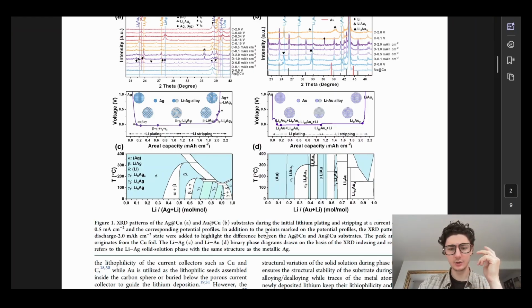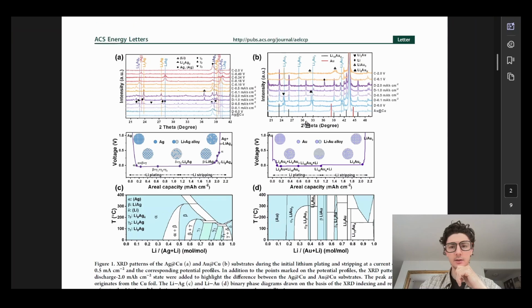In addition to the points marked on the potential profiles, the XRD patterns at the discharge 2 milliamp hour per centimeter squared state were added to highlight the difference between silver and gold substrates. The peak around 44 degrees originates from the copper foil. The peak around 44 degrees, so around here, this peak.